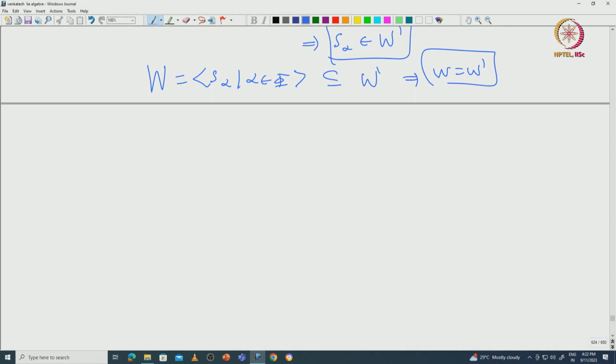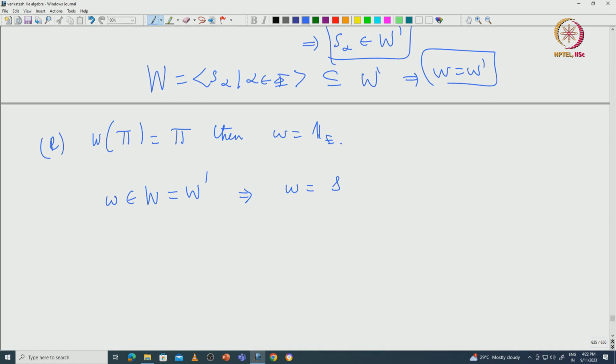So, now what is the last statement? It is about the simply transitive action. So, that is E. If W of pi is the same as pi, then we claim that W must be identity on E. How can one prove this? Since this W comes from capital W, which is exactly equal to W dash, W can be written as a product of simple reflections, and we take it to be a product of simple reflections in a minimal way possible.